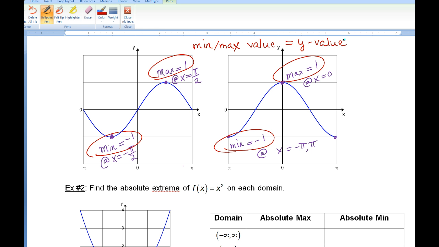Where it occurs is going to be your x value. Does that make sense? Because when we get into optimization, when we want to have a box and maximize the volume, the maximum volume is our y value. That's what we would look at. Okay. All right with that?